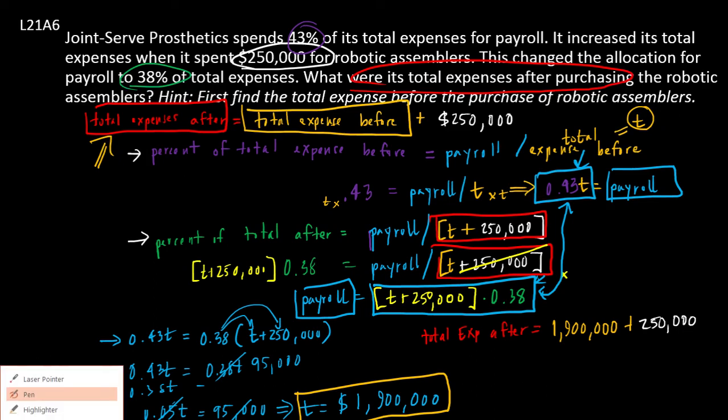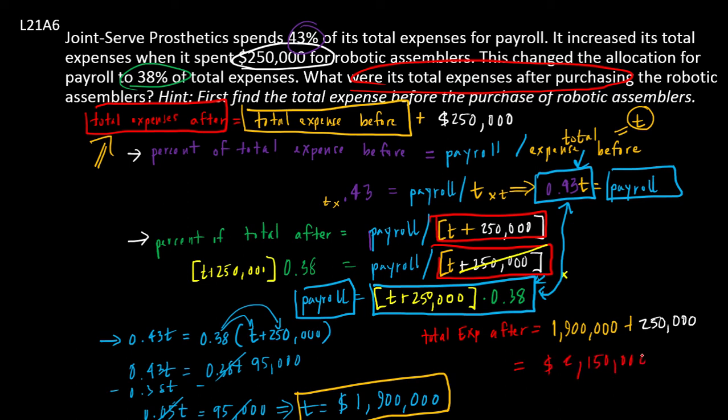And I find that my total expenses after is equal to $2,150,000. So again, to do this, first I set up an equation because I knew that my total expenses after were going to just be equal to whatever I spent before plus $250,000. That was told to me from the get-go.